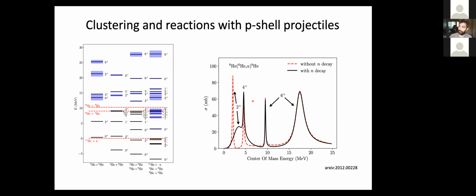But that's not all our new formalism allows us to do. We can now do reactions with p-shell projectiles. So what we decided to explore here was the structure and reaction, or continuum, of beryllium-12. On the left, I'm showing the spectrum of beryllium-12 if you include different types of clusterizations.